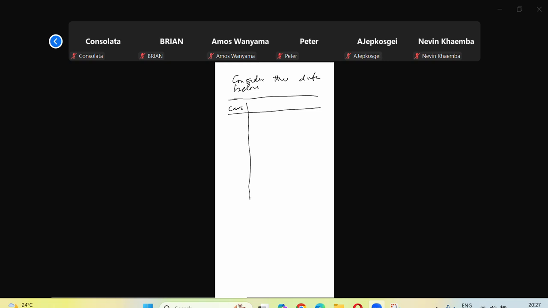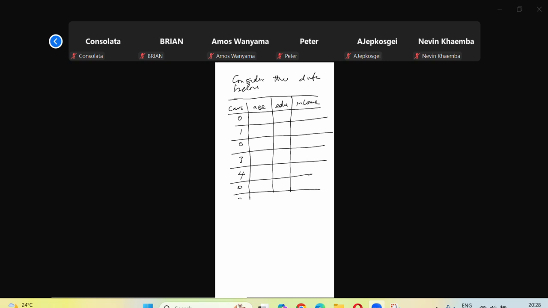Then it depends on your age, your level of education, let me just say education, and income. So you can be owning 0 cars, 1 car, 0 cars, 3 cars, 4 cars, 0 cars, 2 cars. Is that okay? Yes.